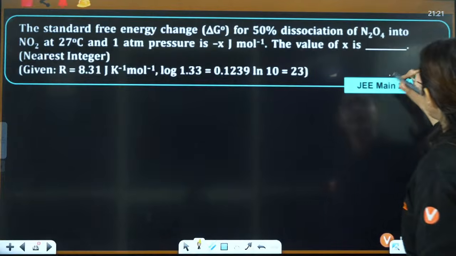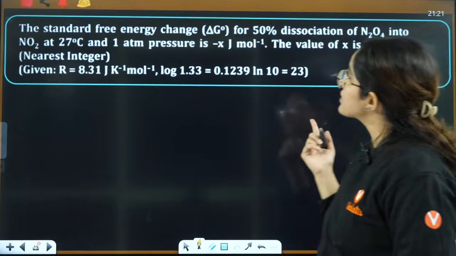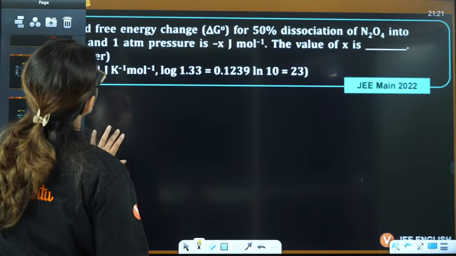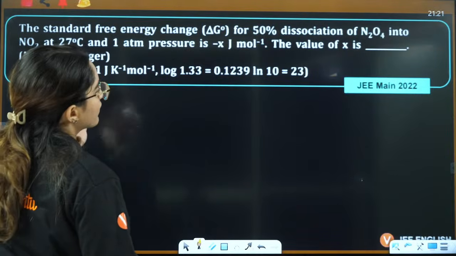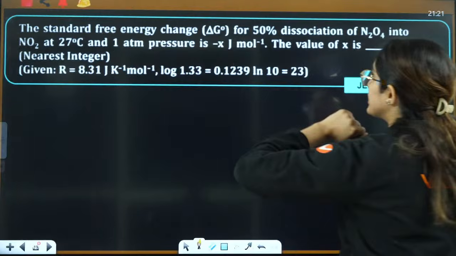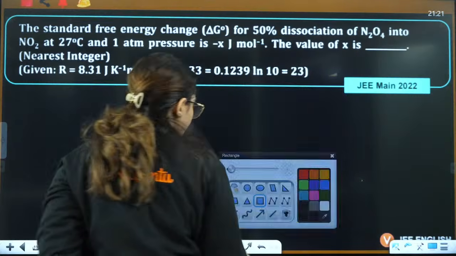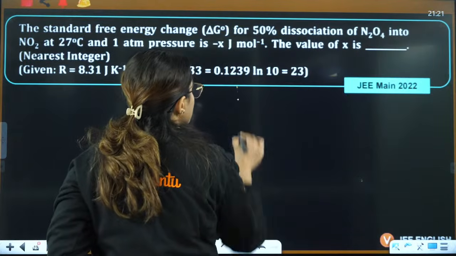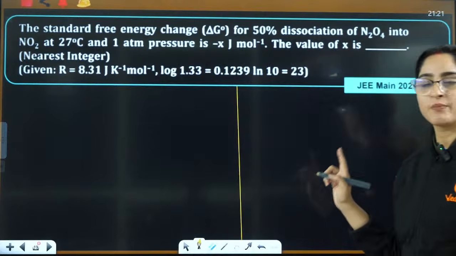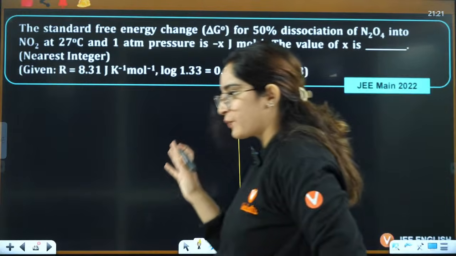This is a JEE Mains 2022 question. We have not done this one. This is standard free energy change for 50% dissociation. This is a similar kind of question that we have done with a slight twist. In 2012, they asked you a direct question, but now in 2022, they have asked you a slightly different question here.